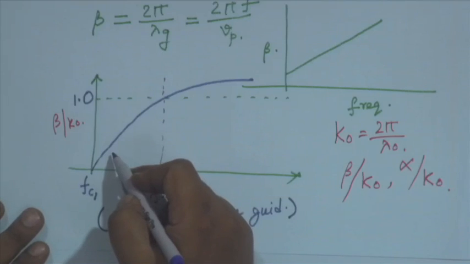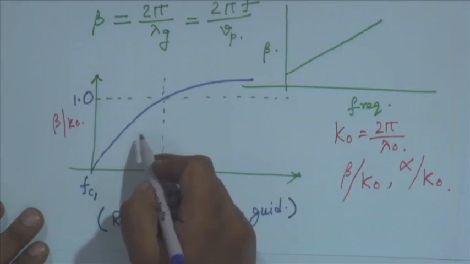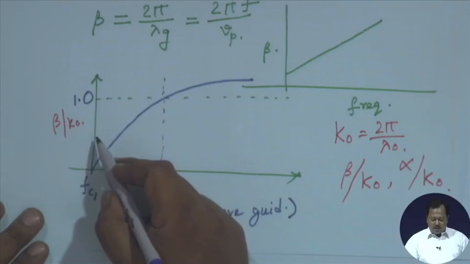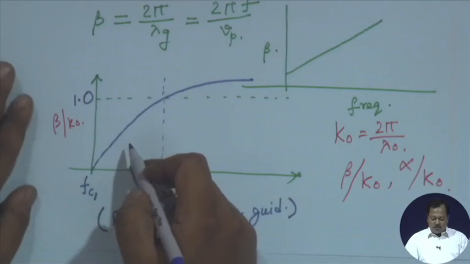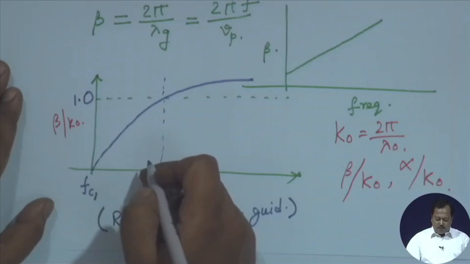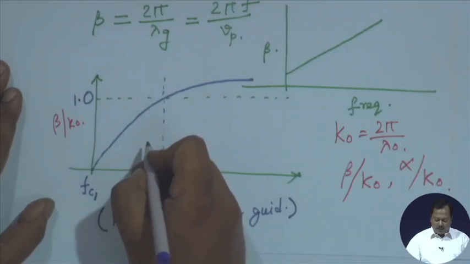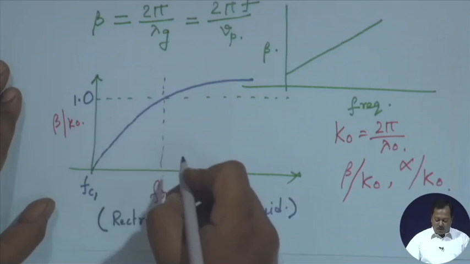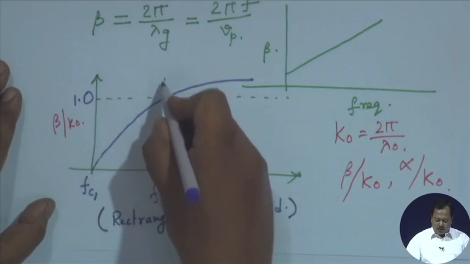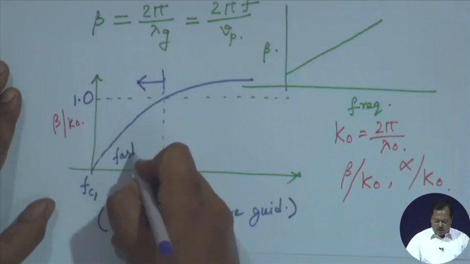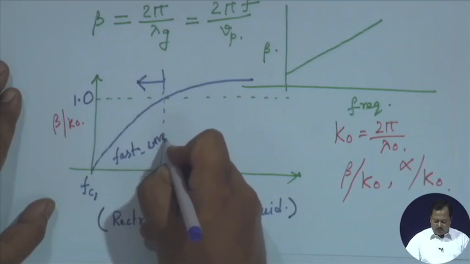So, below this, beta by k naught is less than 1. What that means? That means we have Vp, phase velocity, higher than c, and we call this left hand side part the fast wave region.